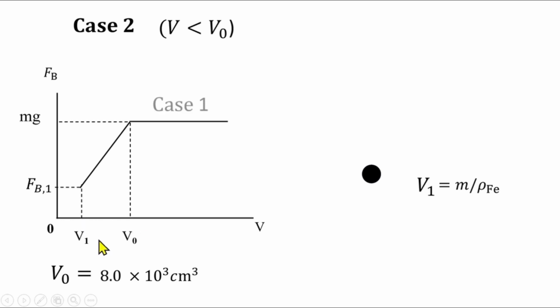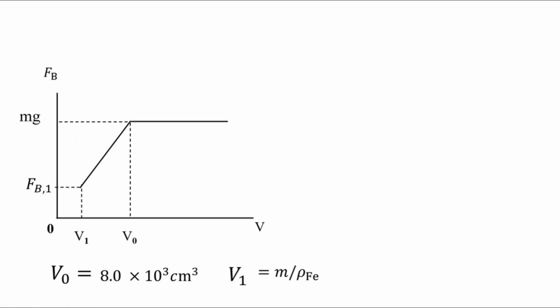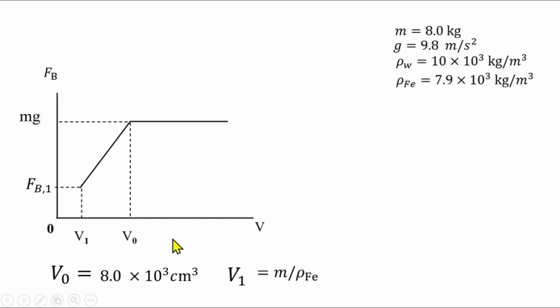Then we add here the line which represents case 1. So the ball floats and buoyant force equals mg. And now we calculate all numbers which participate here. So here is our data.